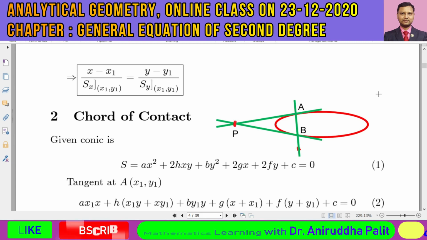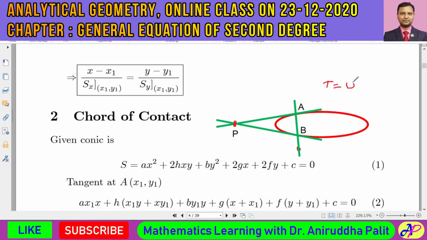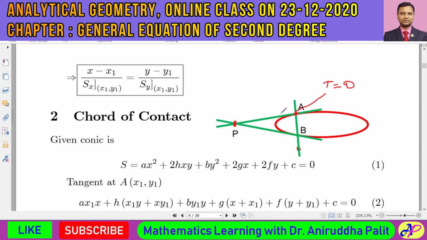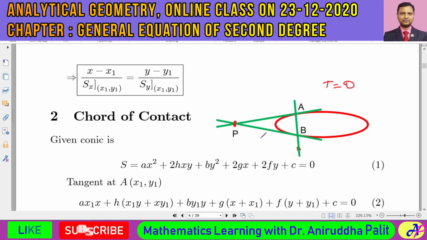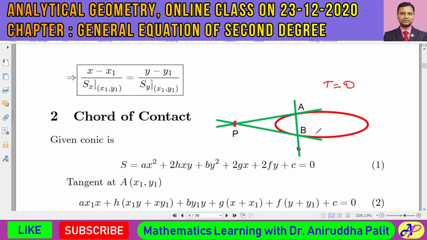You see, whenever the T is equal to 0 formula is applied on a point on the curve, we will get a tangent line like AP or BP.